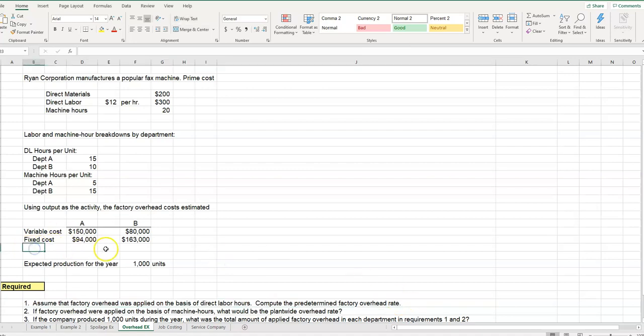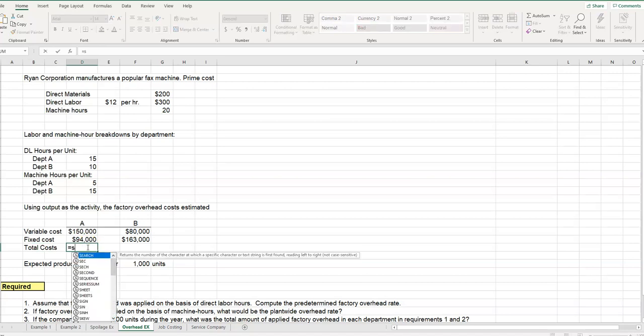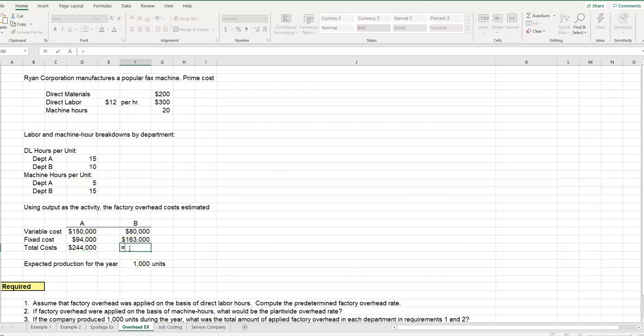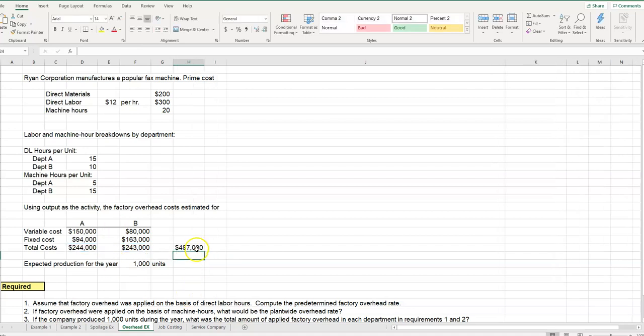First, we have to determine what our total overhead costs are. So we have departmental costs for A and B, giving us total overhead costs of $487,000.